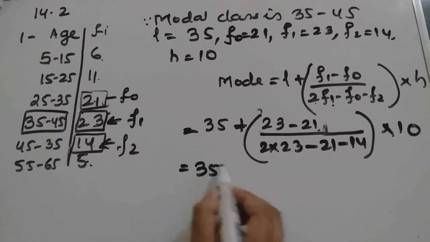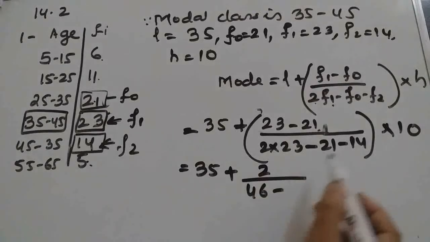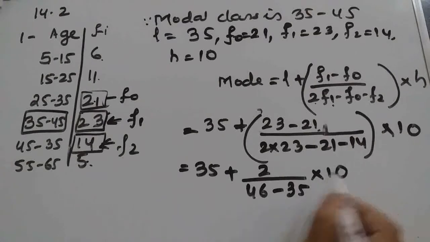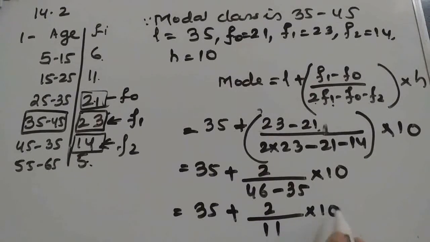So 35 plus 2 over, this will be 11, into 10. We can simplify it further.